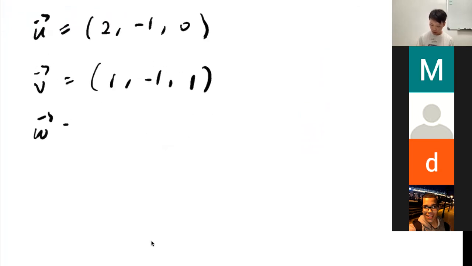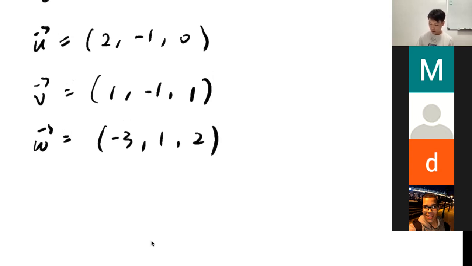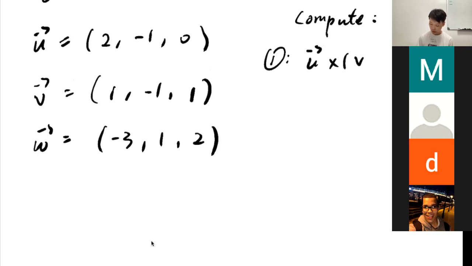Your w is -2, -3, 1, 2. Something like that. All right, let's compute u cross v plus w.